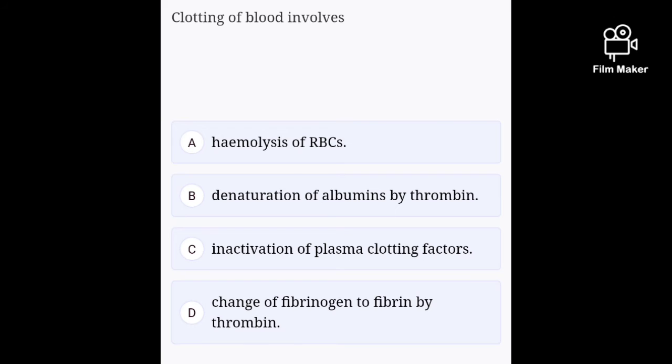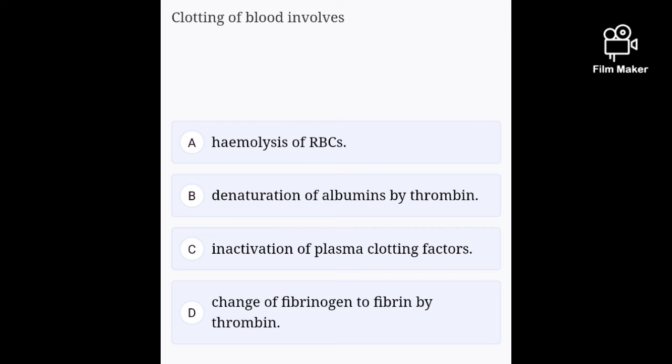Next one. Clotting of blood involves option A hemolysis of RBCs, option B denaturation of albumins by thrombin, option C inactivation of plasma clotting factor, option D change of fibrinogen to fibrin by thrombin. Platelets in the bloodstream come into contact with a damaged blood vessel. They and the vessel wall itself release the enzyme thrombokinase, which brings the conversion of the inactive enzyme prothrombin into the active thrombin.